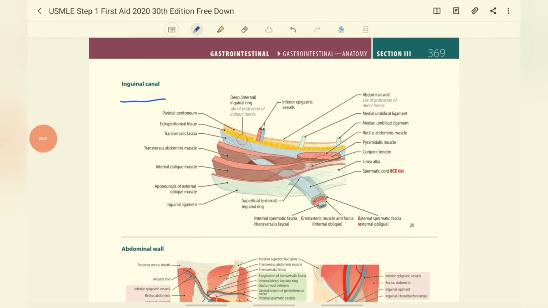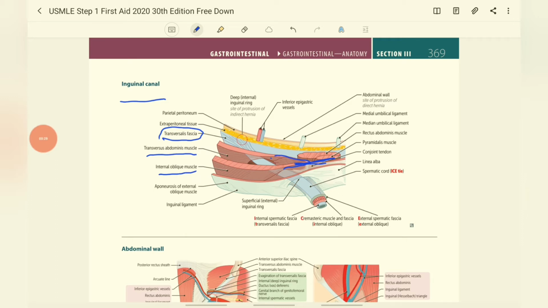As I already mentioned, the transversalis fascia will form the posterior wall of the inguinal canal. When it goes medially, there is a conjoint tendon which forms the posterior wall, formed by the fusion of the transverse abdominis muscle and the internal oblique muscle.